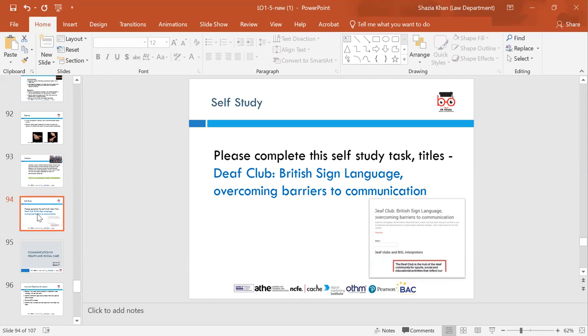Sign language is a barrier to communication, but it does help. Most deaf people who use sign language in the UK use British Sign Language, which we've referred to as BSL. It is a rich combination of hand gestures, facial expressions, and body language, and like English, has its own grammar, syntax, and lexicon. BSL acts as a bridge between deaf and hearing people.